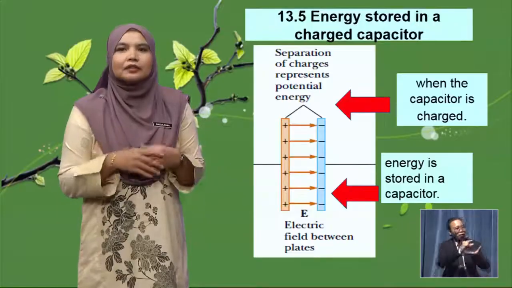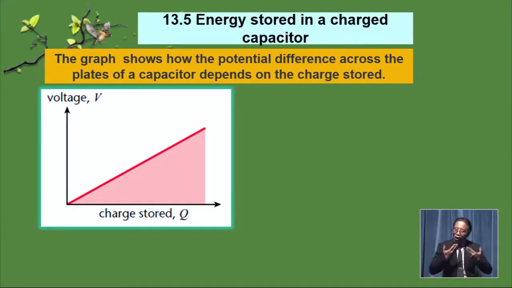The graph shows how the potential difference across the plates of a capacitor depends on the charge stored.